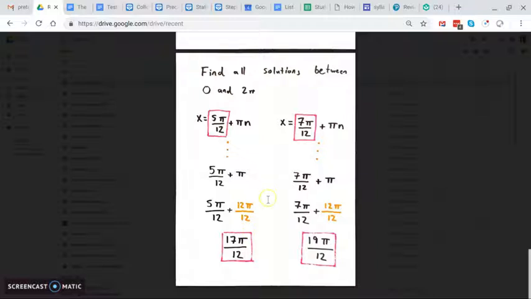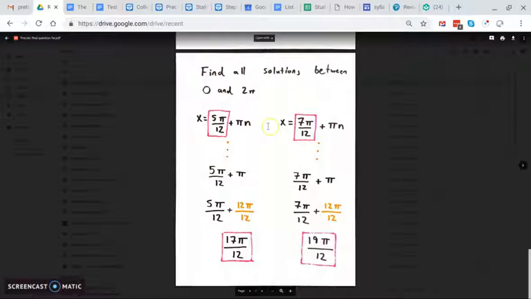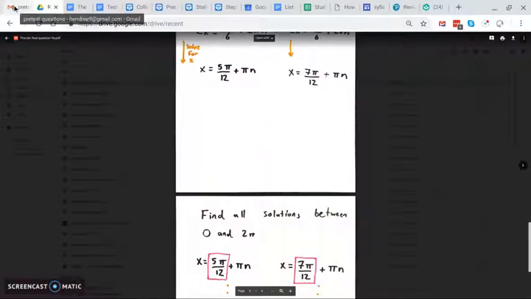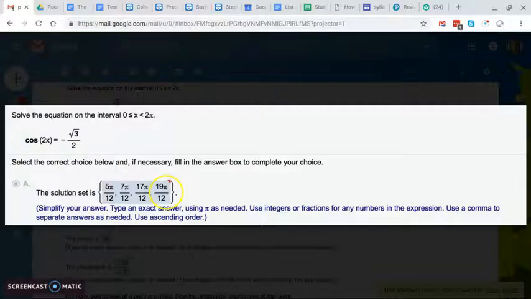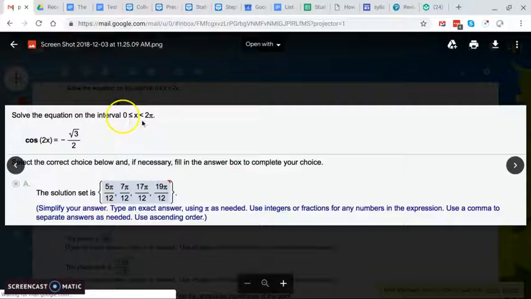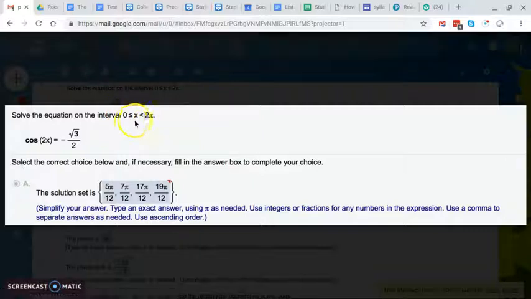So just these 4 are within the one complete circle. And so those are the solutions that we have here. I hope that makes sense a little bit. It's a little complicated because there are so many solutions to trigonometric functions, and you have to really pay attention to where they want those solutions. Sometimes they'll say from pi to 2 pi, only the second half of the circle. Okay, I hope that helps a little bit.